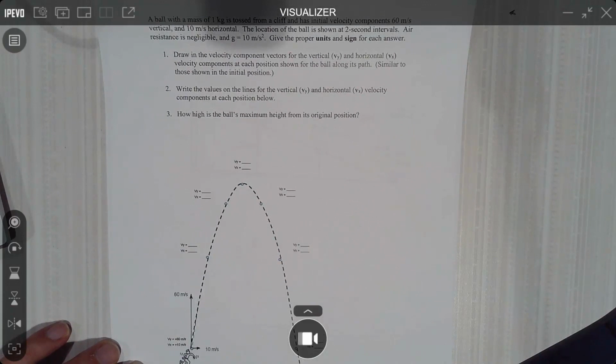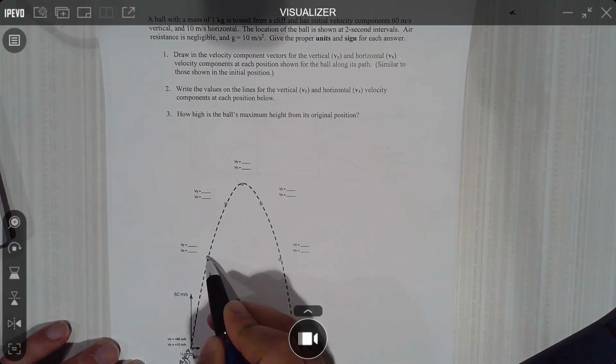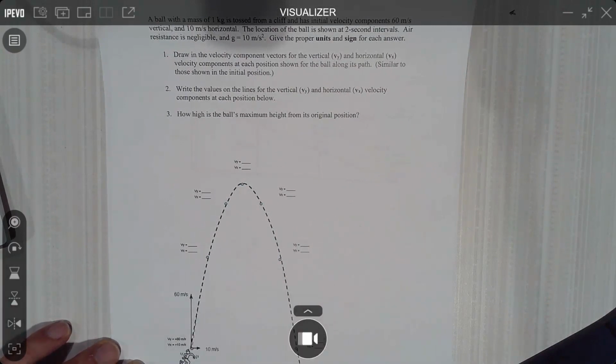The location of the ball is shown at 2-second intervals, so from here to here is a 2-second interval. Air resistance is negligible, and you are to assume g is 10 meters per second squared. Draw in the velocity component vectors for the horizontal and vertical components at each position.